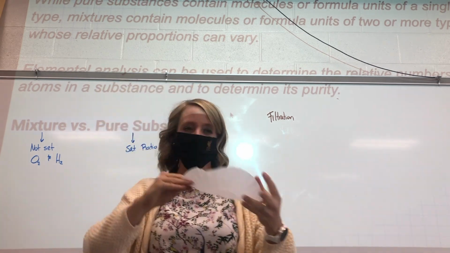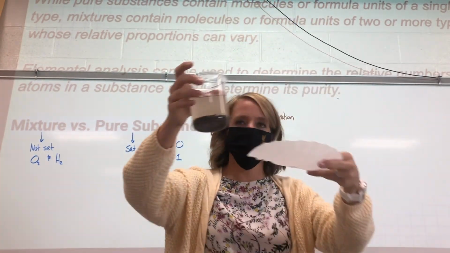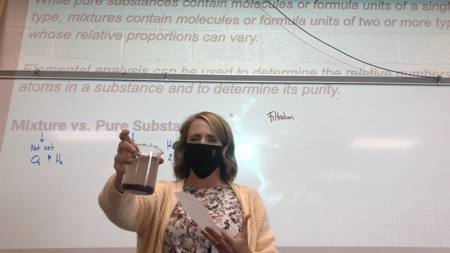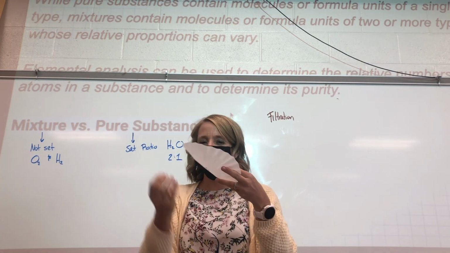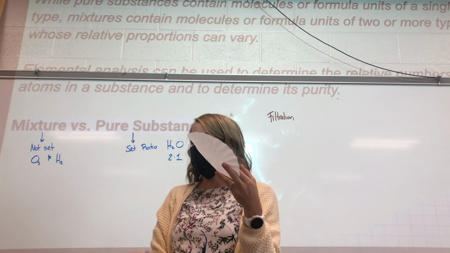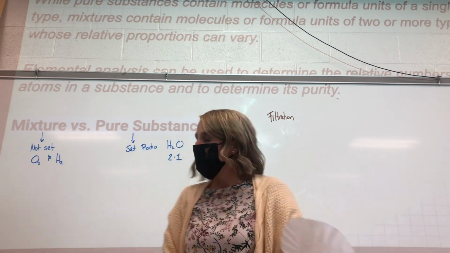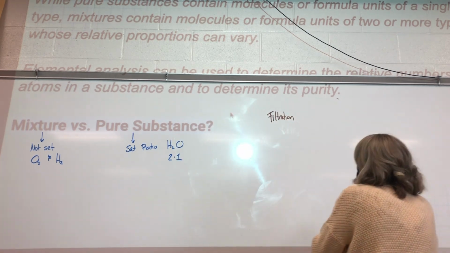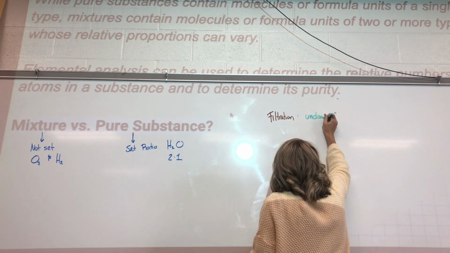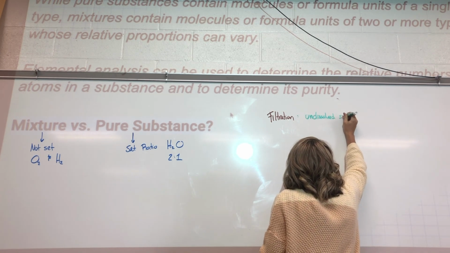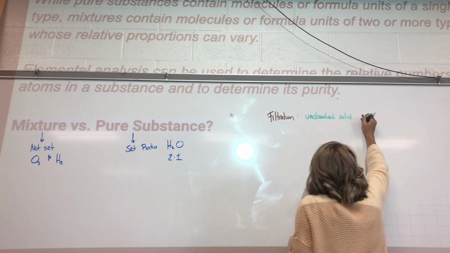If I pour this on here with a cup underneath, the water would catch, the rocks would stay, and I have my separation. So filtration is the best method to separate an undissolved solid from a liquid.